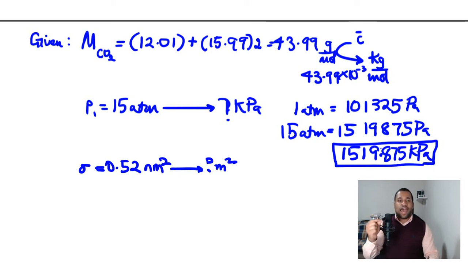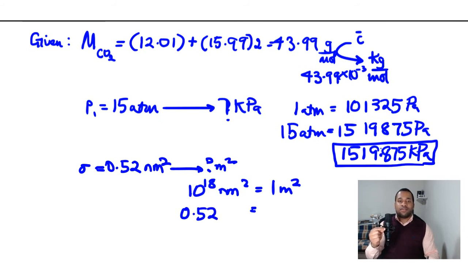Since we know that for nanometers we need 10 to the power of 18 nanometers squared to get to 1 meter squared, therefore for 0.52 nanometers squared, we're going to divide 0.52 by 10 to the power of 18.